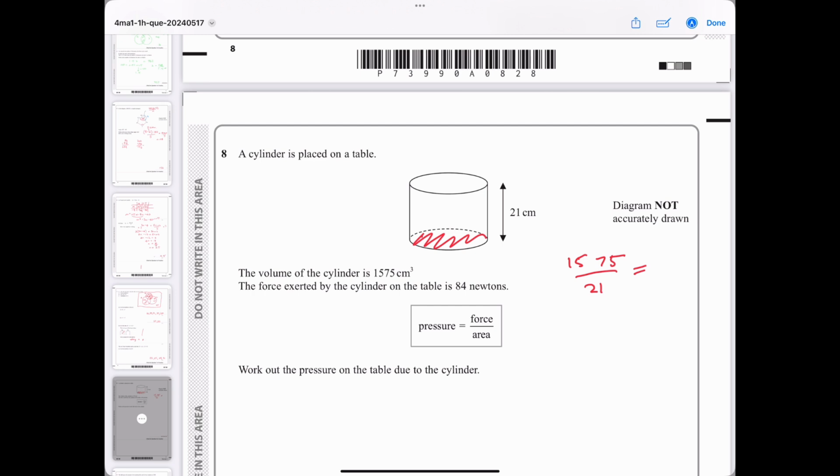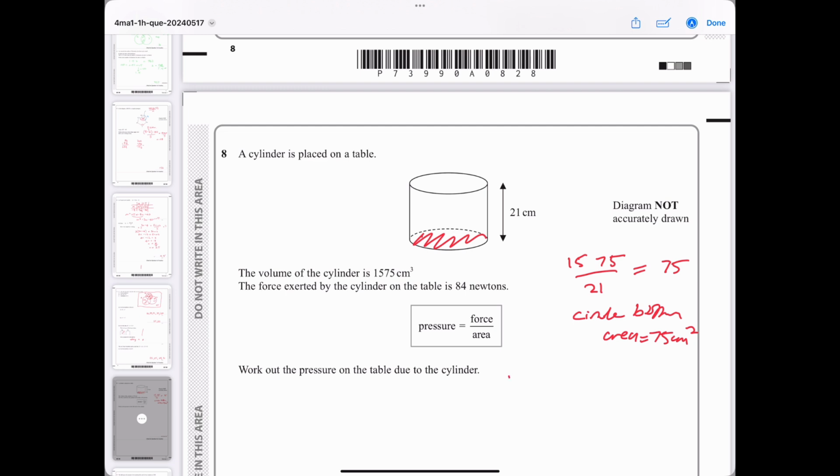So 1575 divided by 21 equals 75. So we know that the circle at the bottom, the area, equals 75 centimetres squared.